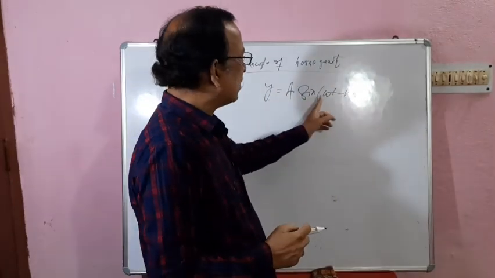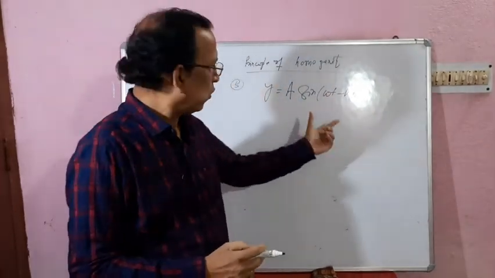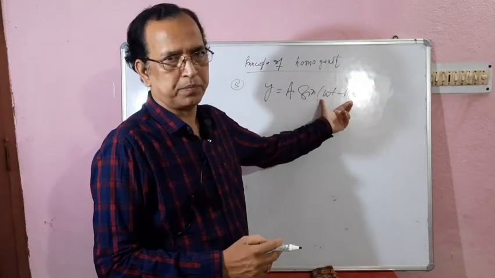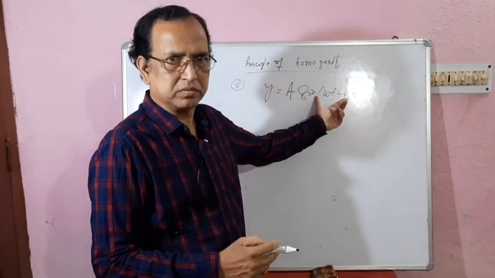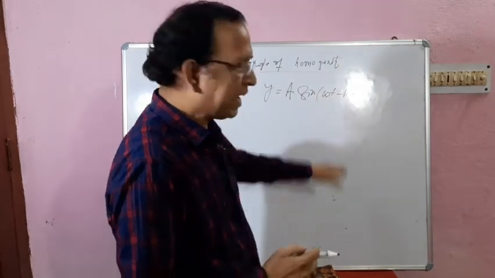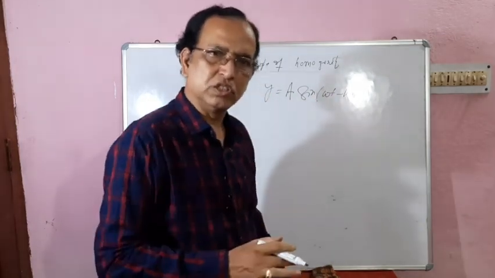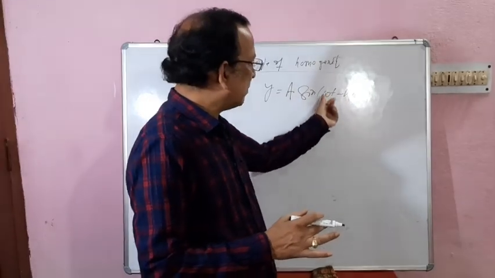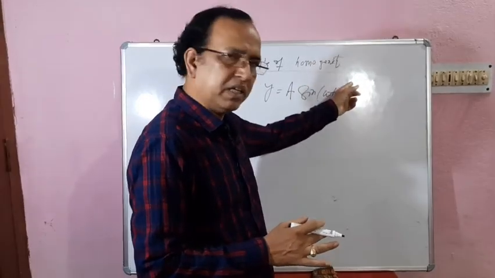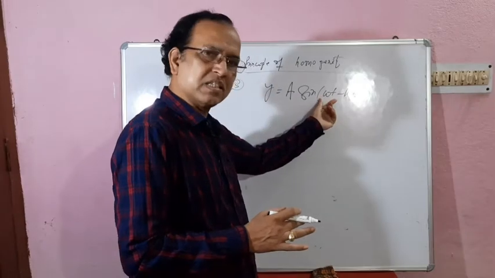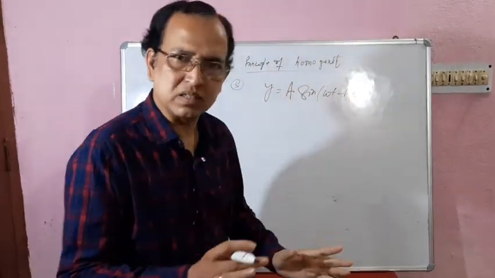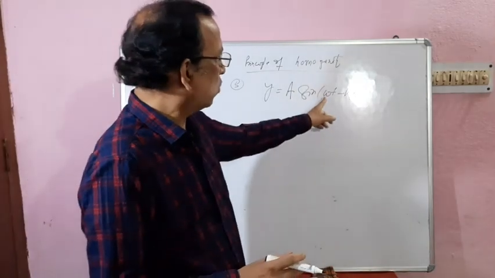Omega t minus kx, that is an angle. So angle is dimensionless. Omega t may be 60 degree, may be 30 degree. So these are the degree angles. So omega t is dimensionless, kx is dimensionless. We can find out the dimension of omega.